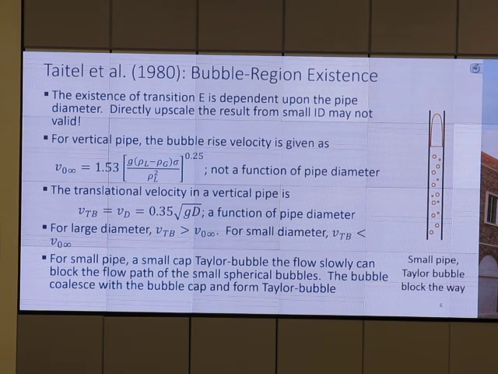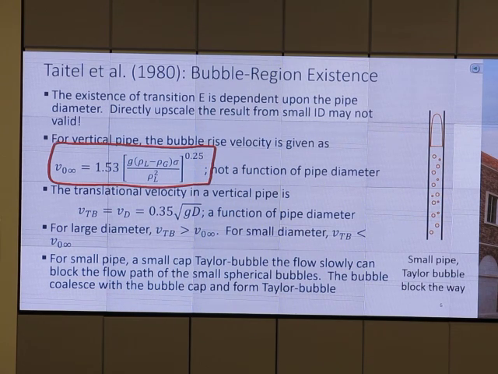So what we have here is this. Bubble rise velocity, the formula is this one, right? The bubble rise velocity is not a function of diameter.